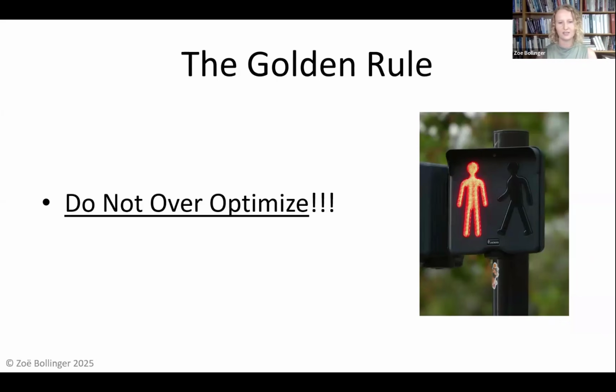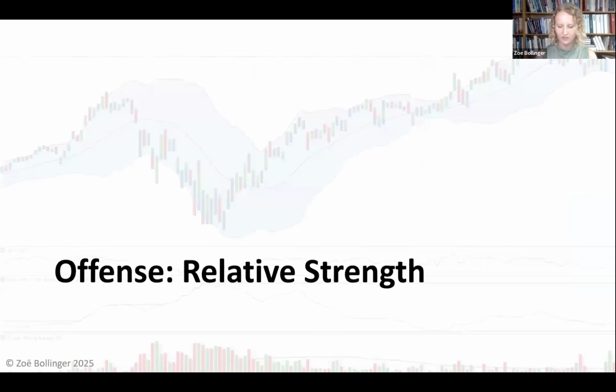If you test and tweak and test and tweak and test and tweak, you'll come up with something that looks really beautiful for your historical period that you're testing on and something that will almost certainly immediately flop when released into the real world. So it's that really delicate balance of testing enough to have confidence in your system, but leaving out of sample data to run a final test on and not over-optimizing and not allowing yourself to tweak that final time and ending up with a super over-optimized system.